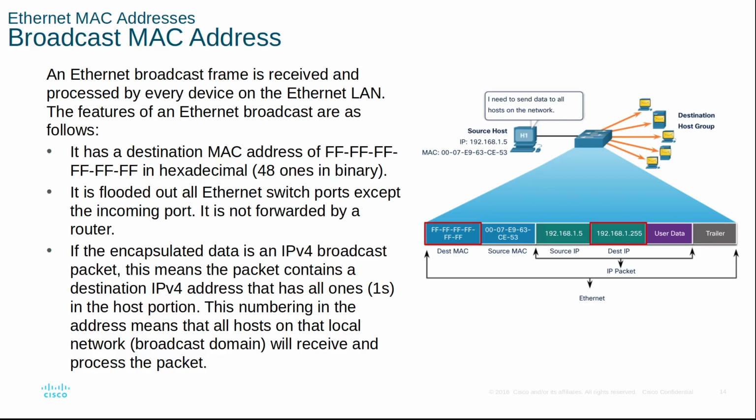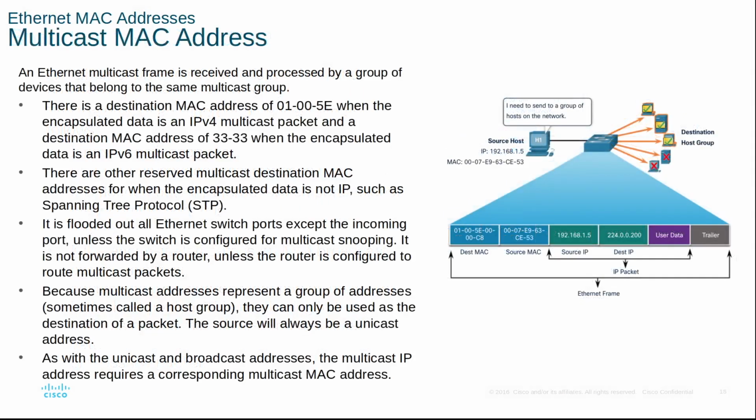And they will not be forwarded by a router, or dropped by a router. If the encapsulated data is an IPv4 broadcast, that means that that's going to be broadcast to all hosts on the same network as well. Again, the router will not forward it out the other side. For now, anyway. There's exceptions to this we'll talk about later, but so far as you're concerned, it's not going to happen.